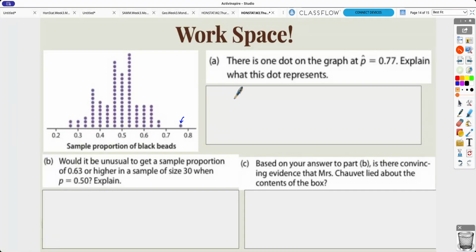So we can say that the 0.77 in the graph indicates that in one SRS, one simple random sample of size n equals 30, 77% of the beads were black.